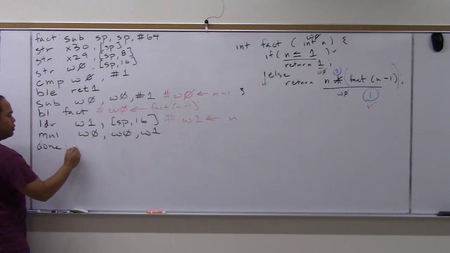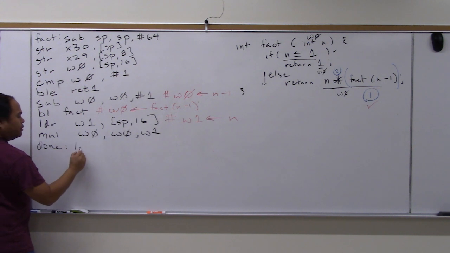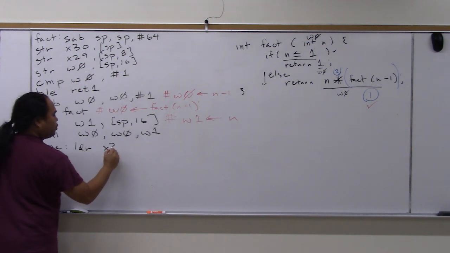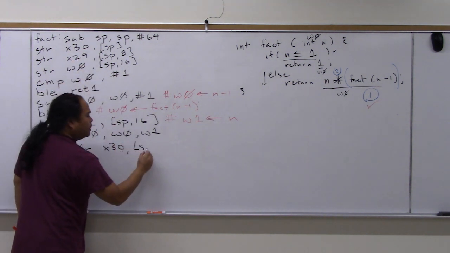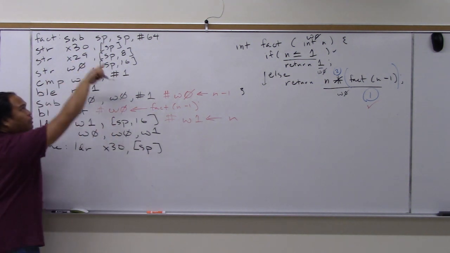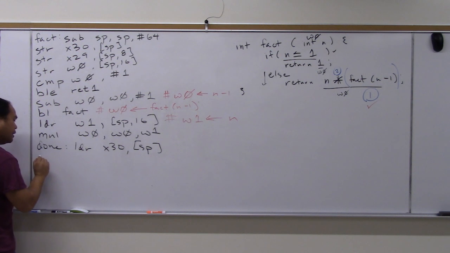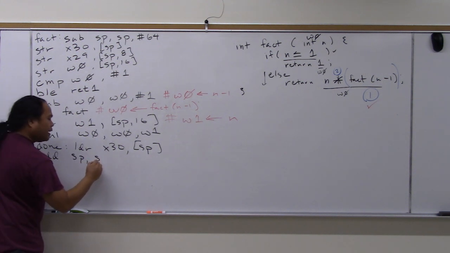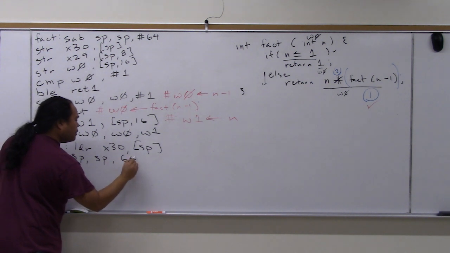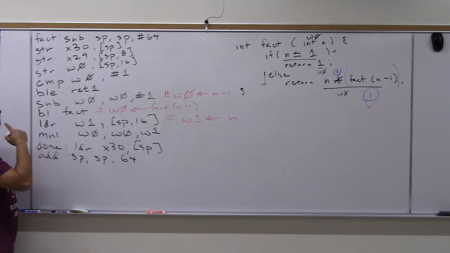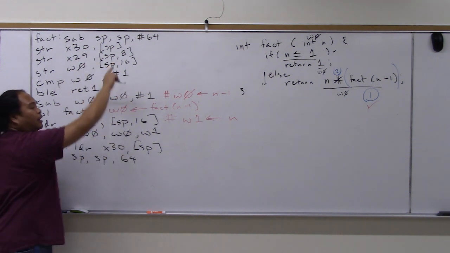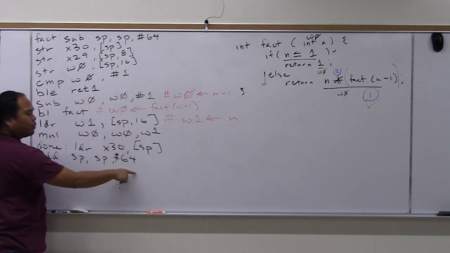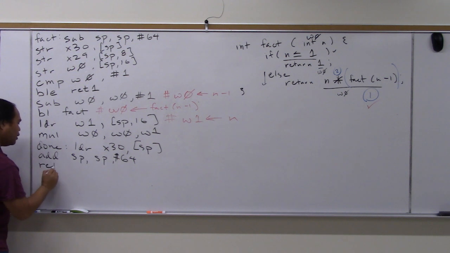I'm going to load, all right, the return address. I place the return address in stack pointer. I generally always place the return address at the bottom of the stack frame. Then we're going to pop the stack by adding the exact number of bytes that we allocated. I noticed that it's 64 up there, so I'm going to put 64 again, and then we're going to return.